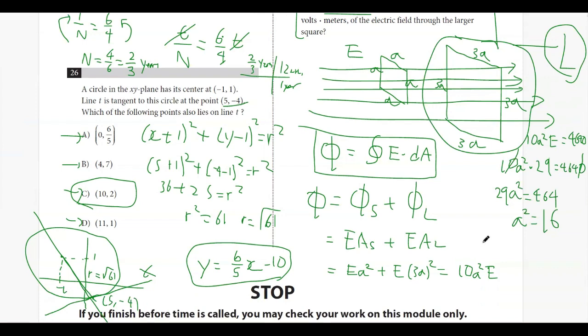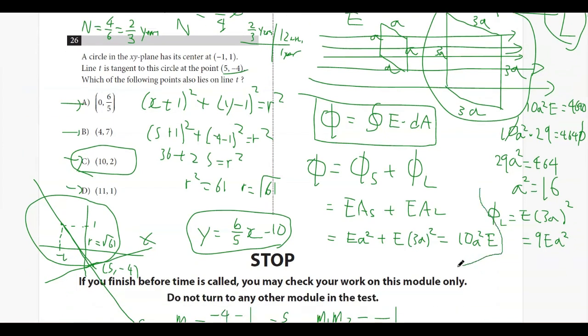So phi of L is equal to 9 E A squared. And what is 9 times 29 times 16? This is equal to 4,176.